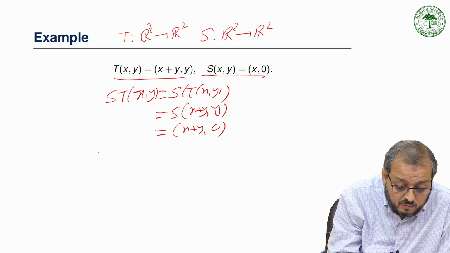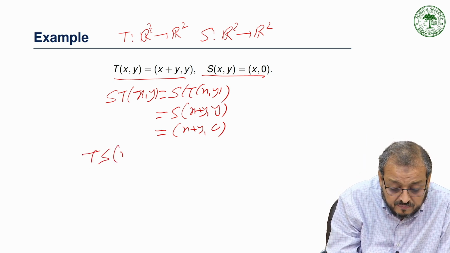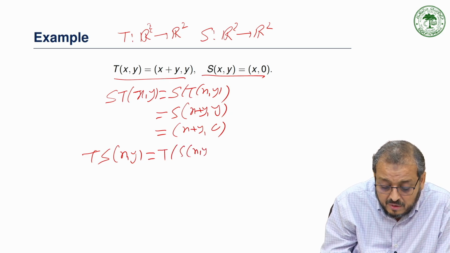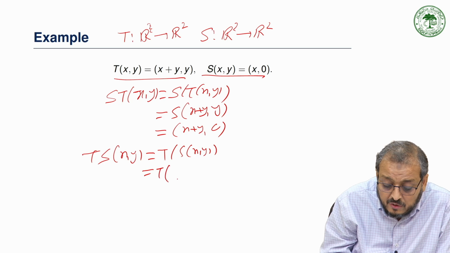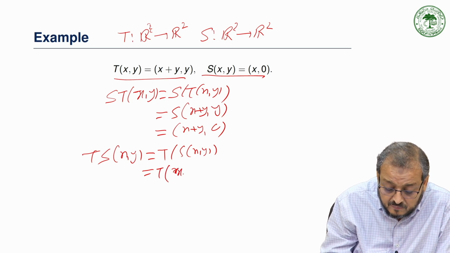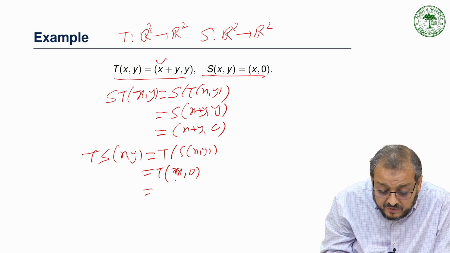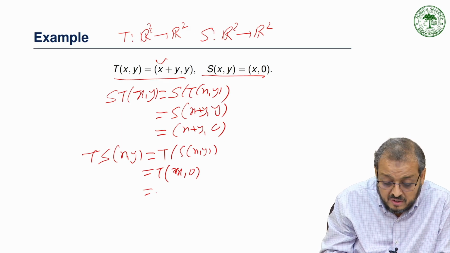Now similarly we calculate T of S of x, y. By the definition of the composition map, T of x, y is equal to x comma 0, and by the second property, S of x, y is defined as x plus y comma y.